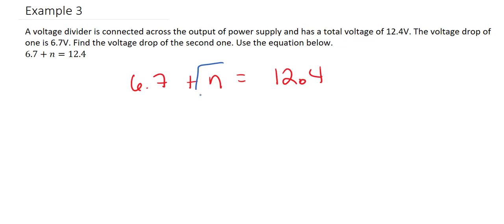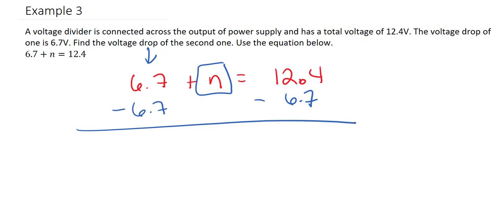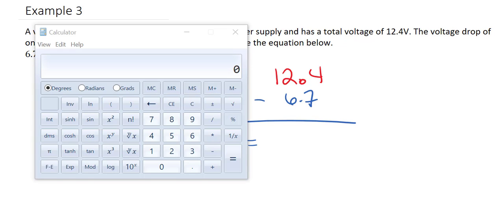So we need this variable by itself, so we're going to move this. So we're going to go ahead and subtract 6.7 on both sides. This becomes 0 plus n equals now 12.4 minus 6.7. Let's just get our calculators out. So we have 12.4 minus 6.7.